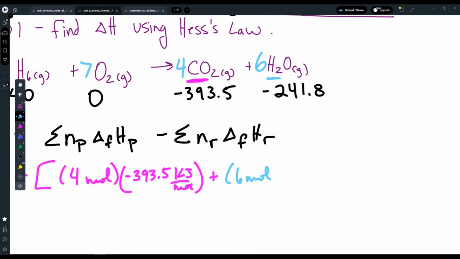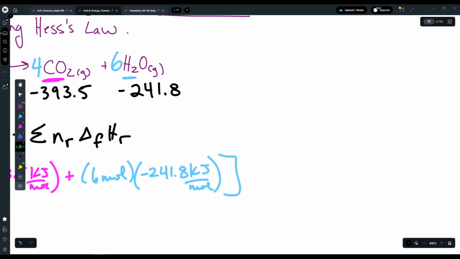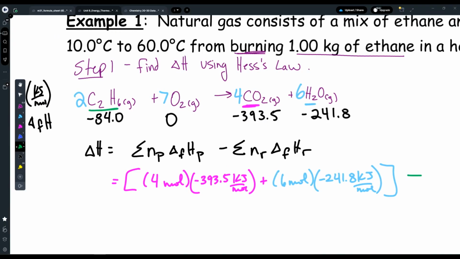So 6, that's coming from the coefficient there, times negative 241.8. Close the outside bracket. Subtract. So I'm going to use green for ethane.